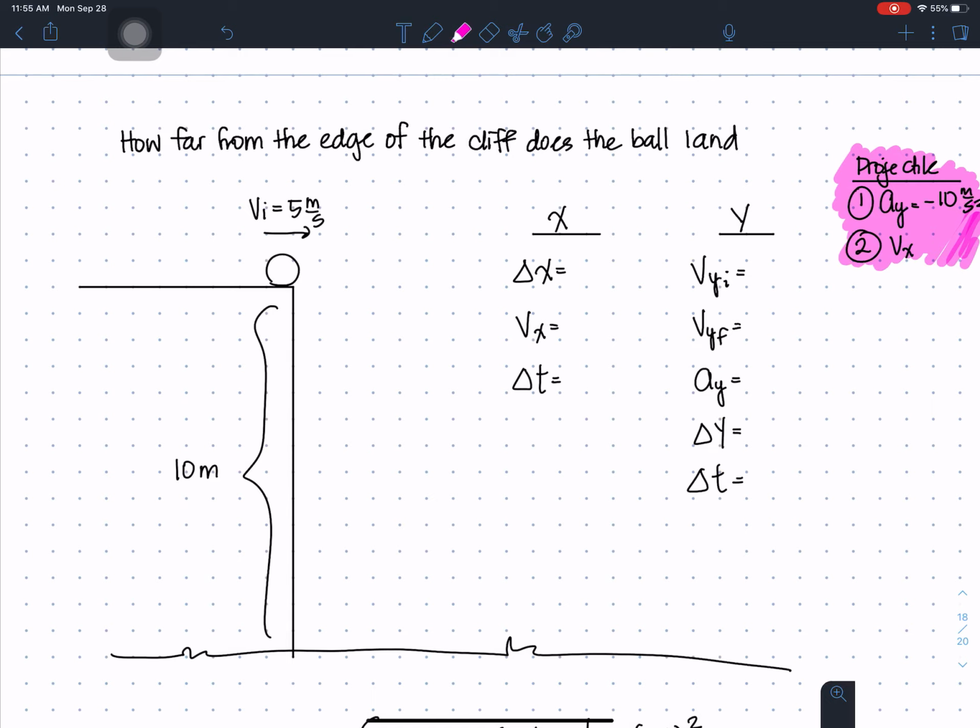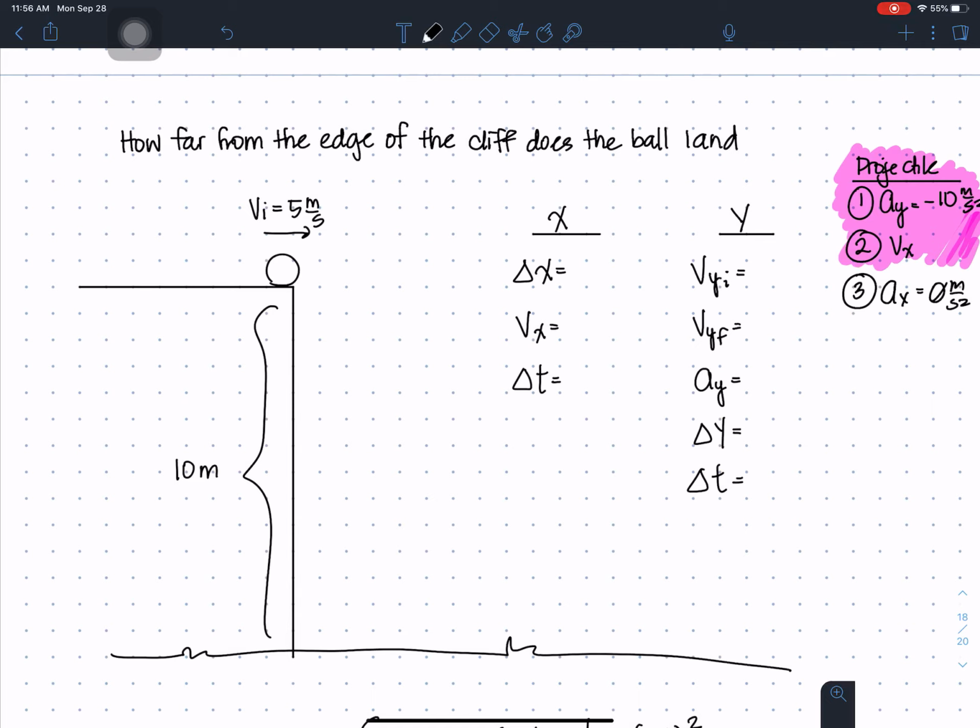Another concept that your book described for projectile motion is the idea that acceleration in the x is 0. So we'll go ahead and write that down as our third note about projectile motion. Acceleration in the x direction is 0. What that means for us is that there really is no need to differentiate between initial and final velocities in the horizontal direction because those velocities do not change.